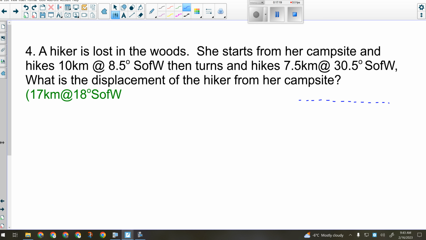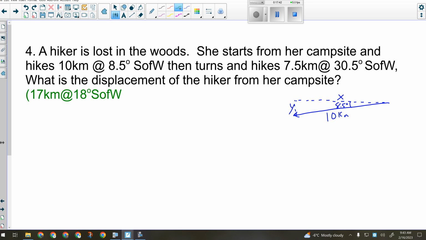Okay, I'm going to have a very narrow triangle because my angle is only 8.5 degrees. So this is 10 kilometers. And that's 8.5 degrees. This would be its x, or horizontal component, and this would be its y, vertical component, or west and south components.